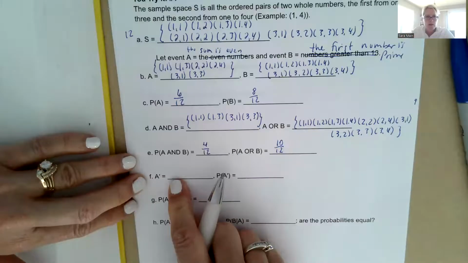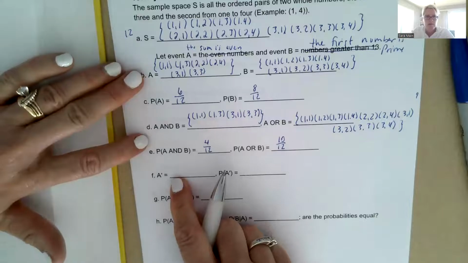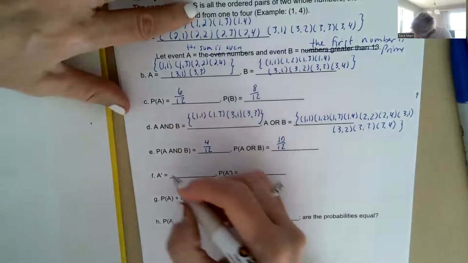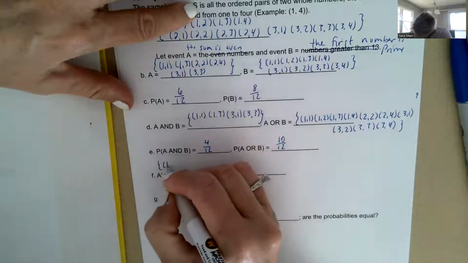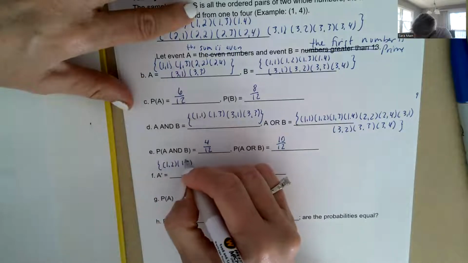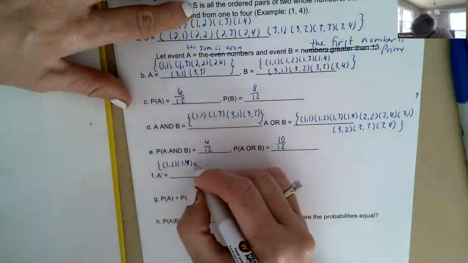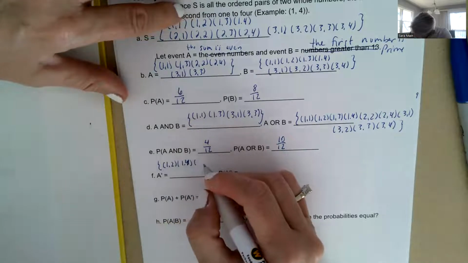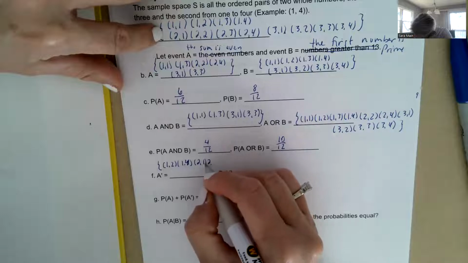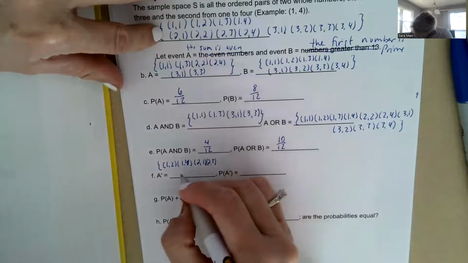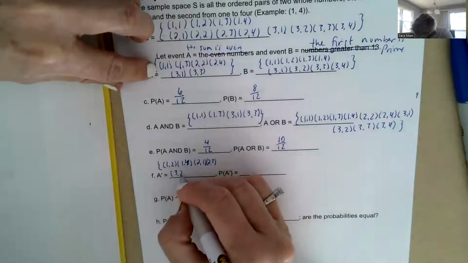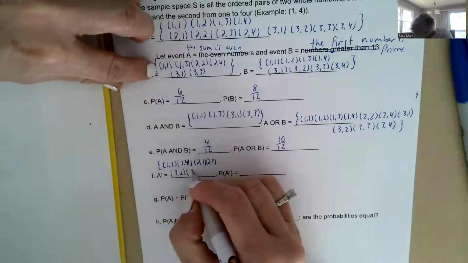What ones are not in A? Okay, so not in A would be the ones that added up to be odd, right? The 1,4, 2,1, 2,3, 3,2, and 3,4.